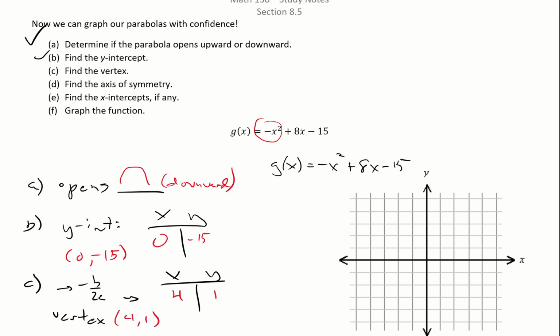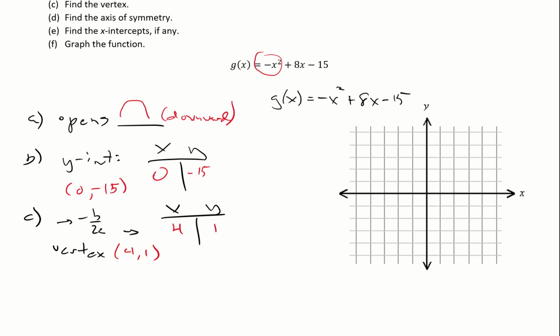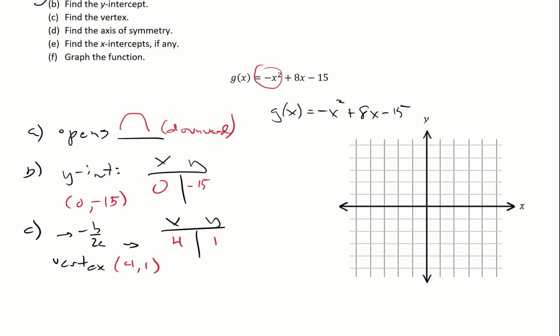Now, me personally, as soon as you have the vertex, I say somewhere, you got the vertex, you've got the world, okay? So when I get the vertex, I just go over 4 and down 1. And I realize that this is opening downwards. So look, that's where your parabola is going to be, right there.